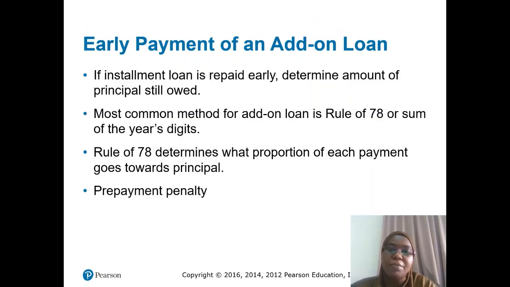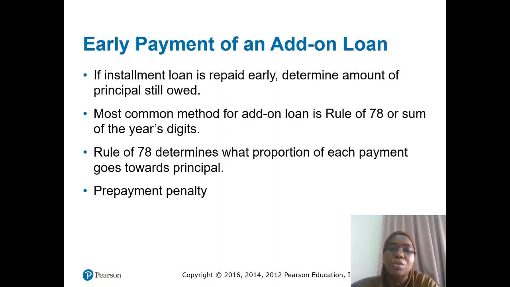Early payment of add-on loan. If an installment loan is repaid early, then you determine the amount of principal still owed. To determine it, the most common method for an add-on loan is the Rule of 78, or sum of the years' digits. I think this has been taught in the last session. Rule of 78 determines what proportion of each payment goes towards the principal, and there is always a prepayment penalty in case of early payoff.